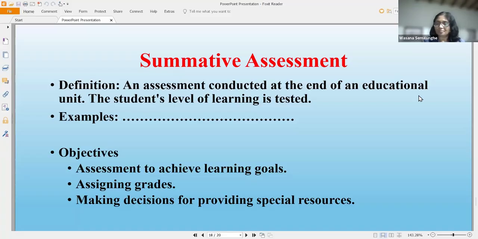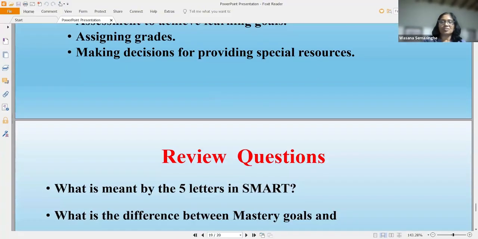So let's move to the next slide. Now, you know the simple way: summative means the assessment done at the end of a final unit or a period. Formative means assessment you do during the teaching learning process.